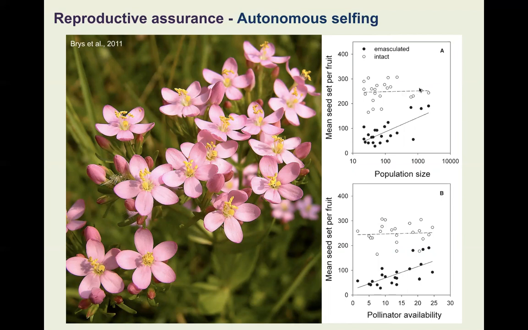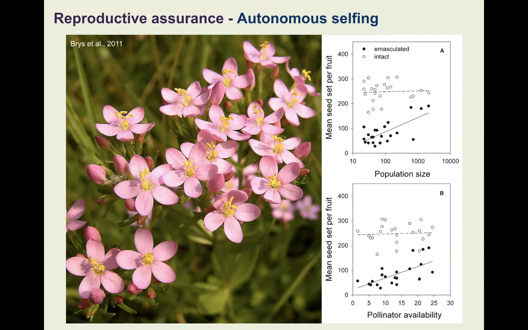What's interesting about this is the effect you get if you emasculate. If you take away the pollen production from flowers, they should be able to receive pollen as long as there is pollen to be delivered. But what we discover in these black dots is that in smaller population sizes, as you might expect, if you're waiting on pollen to be delivered to you, there's not a lot of pollen being produced by your neighbor flowers, right?